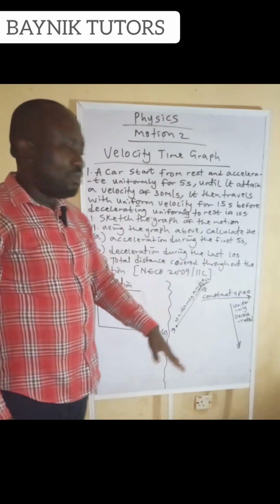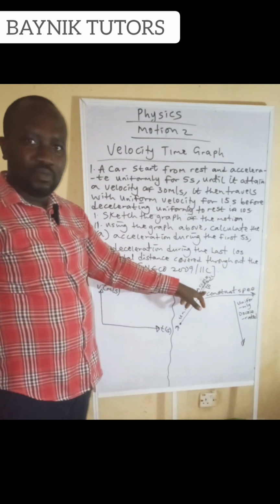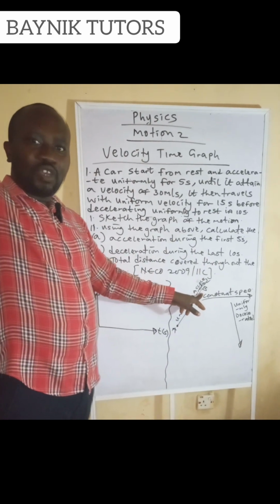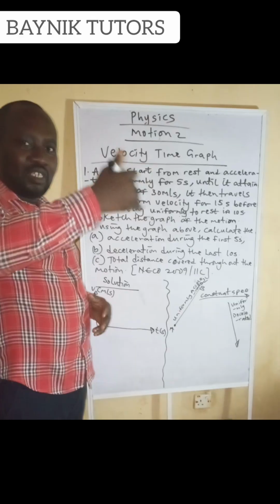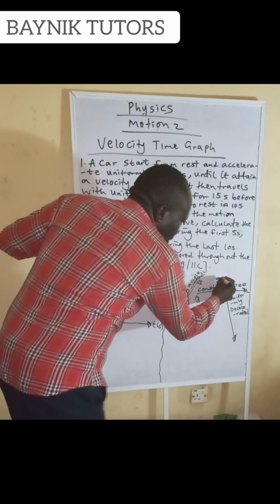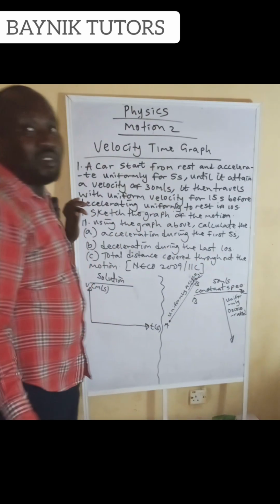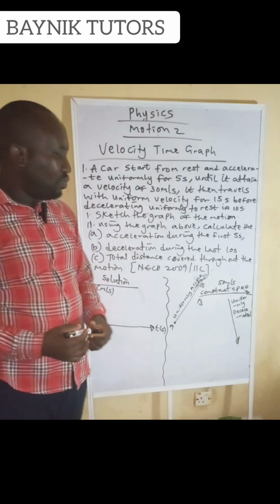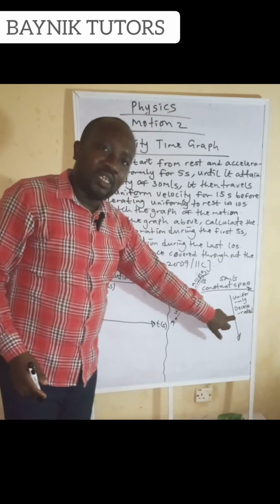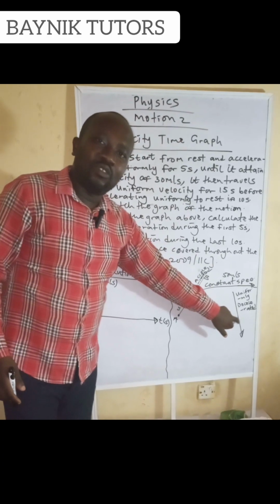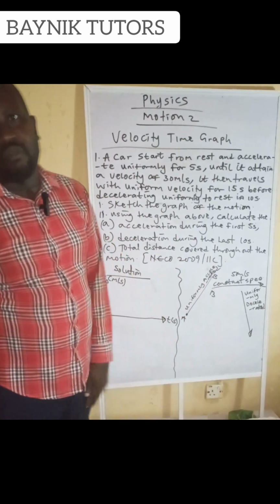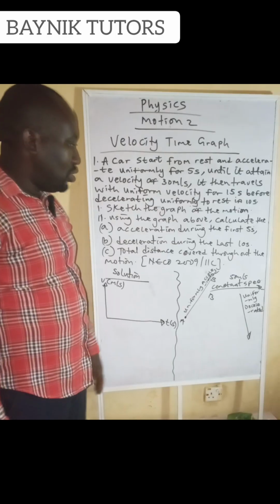Then constant speed. Maybe when it gets to B at 50 meters per second, after going 5, 10, 15, 20, 25, 30, 35, 40, 45, 50, at 5 intervals of velocity, it now goes from B to C. It maintains this 50 meters per second for, let's say, 10 or 15 seconds, a constant speed, before decelerating from 50 down to 45, 40, 35, 30, 25, 20, 15, 10, 5, till it gets back to zero.